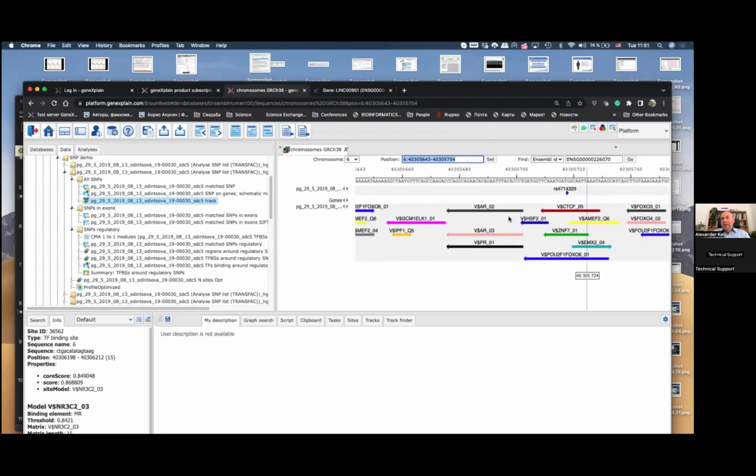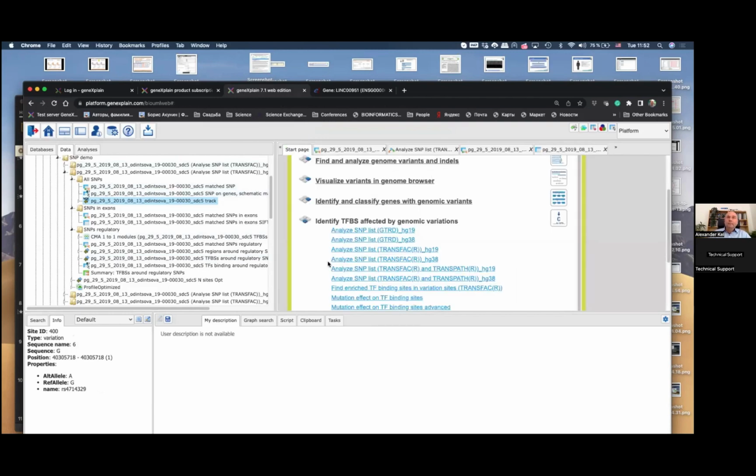So for instance, in this case, you see there are now a number of motifs in that whole region, but there are motifs located just under the SNP. And those are the motifs found in the reference genome. For searching for the motifs in the region, we're using the reference genome, right? But the SNP is changing the nucleotide in the reference genome, so it may affect those sites and those motifs. How to calculate that? To do that, we actually use a different tool.